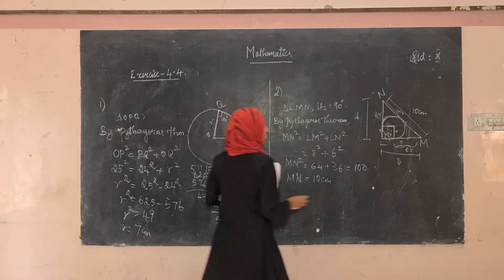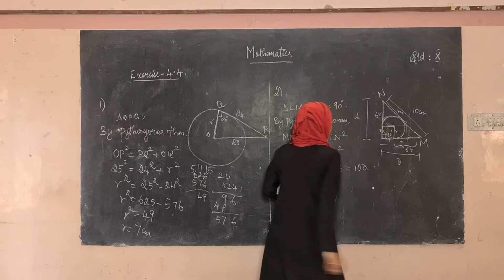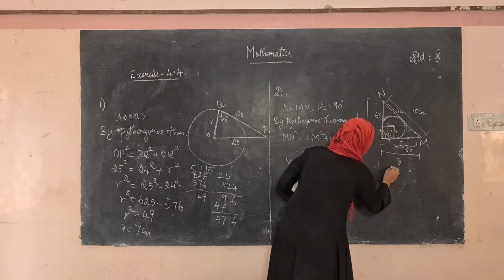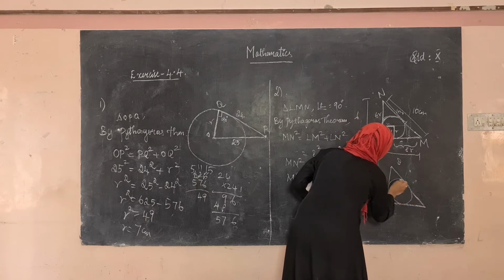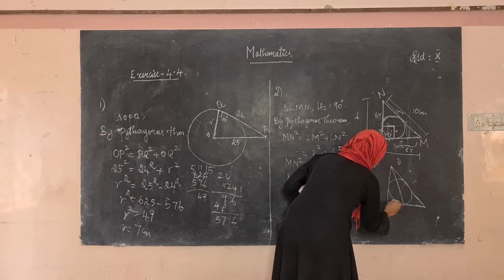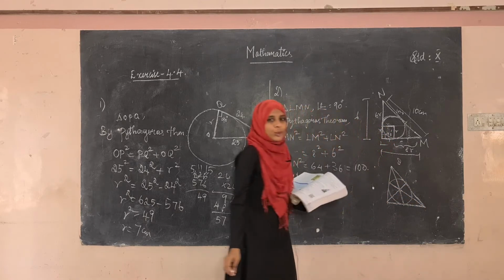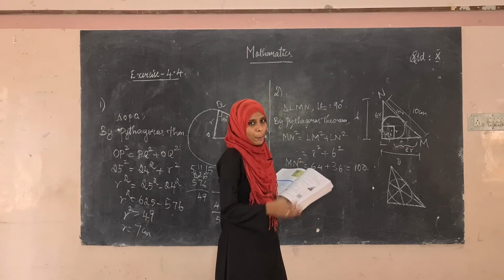Okay, see here, this whole right angle triangle. Before that, for simplification, I am drawing another diagram. Now I am drawing the altitudes. Altitudes means you know that it is perpendicular to the opposite side.